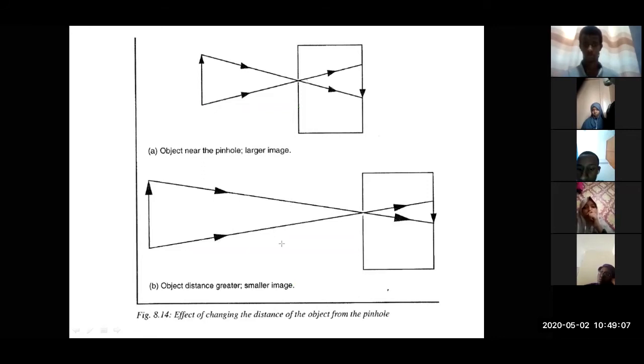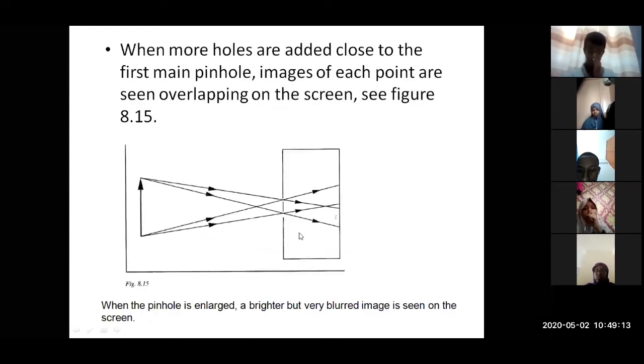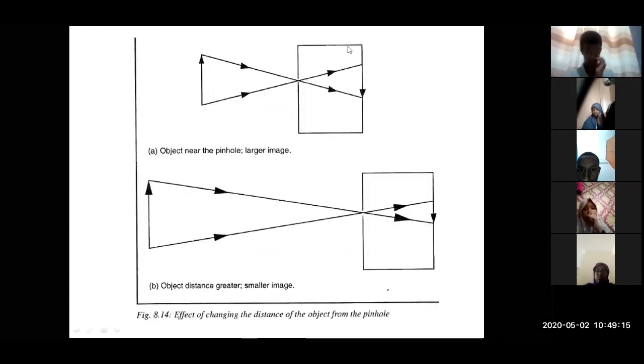That's the first clarification for the question I've been asked. I go to the second clarification, which was to do with the image distance. So if you use a pinhole camera which is longer, it is just the same as extending these rays.